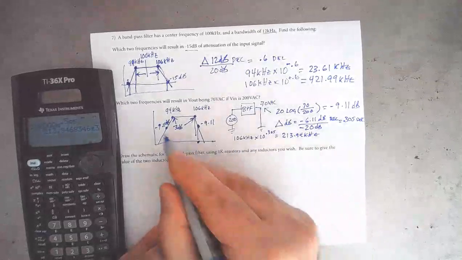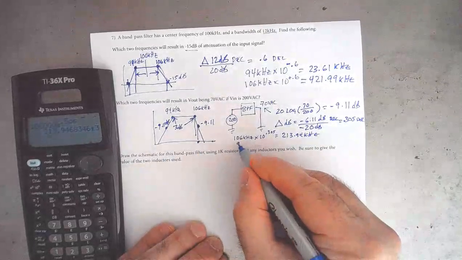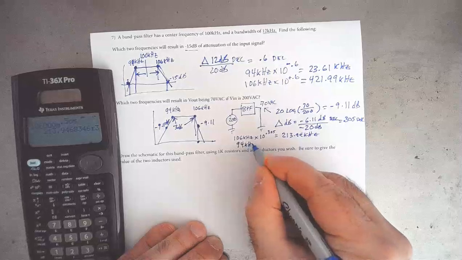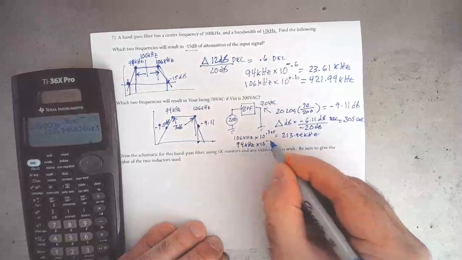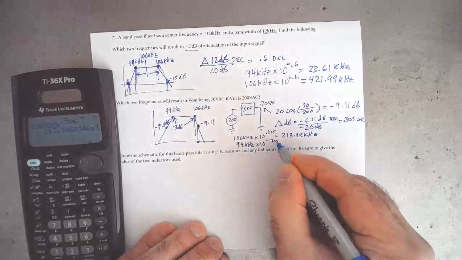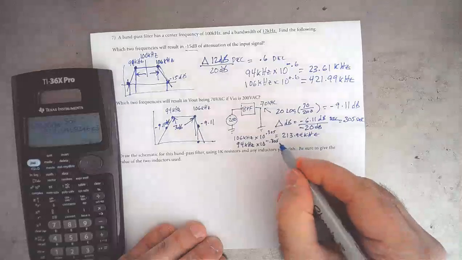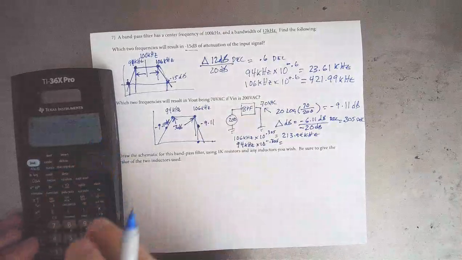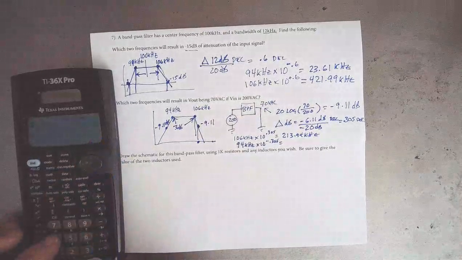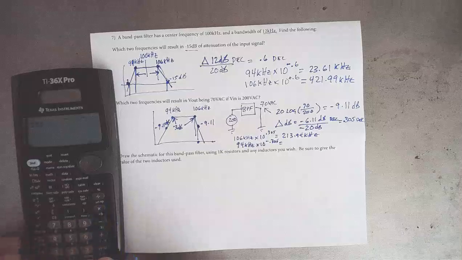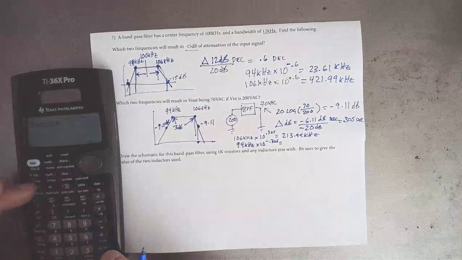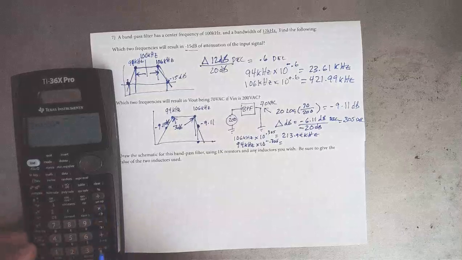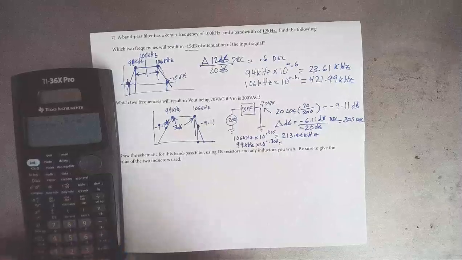And then this frequency is going to be 94 kilohertz times 10 to the minus 0.305 because we're jumping down by 0.305 decades. So it's going to be 94,000 times 10 to the minus 0.305.